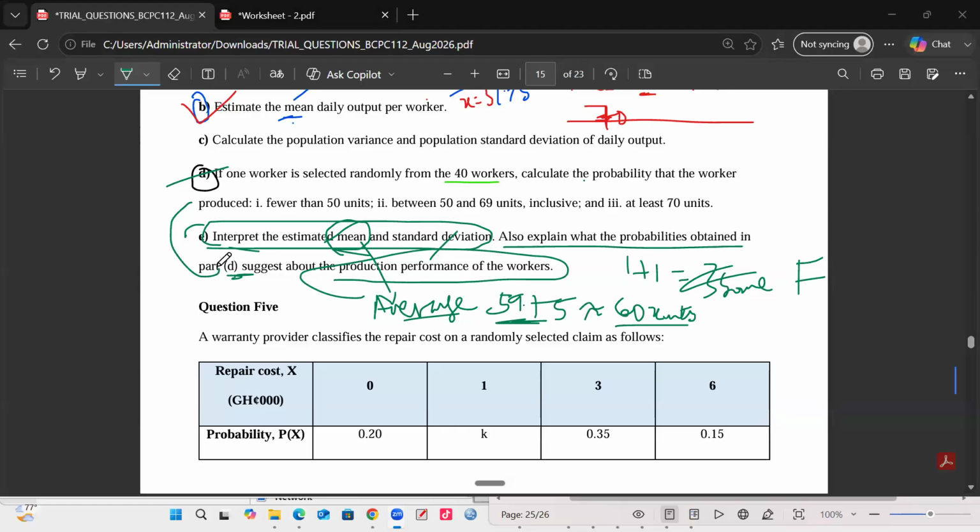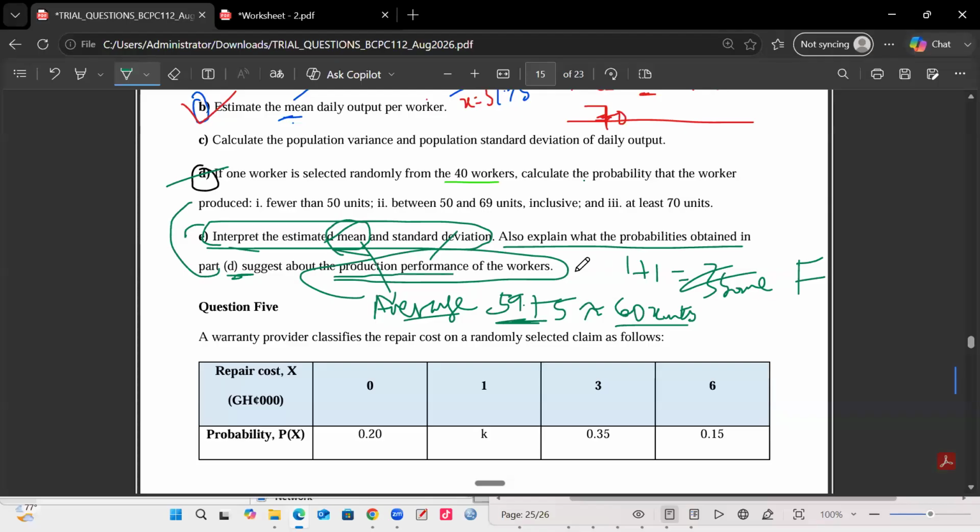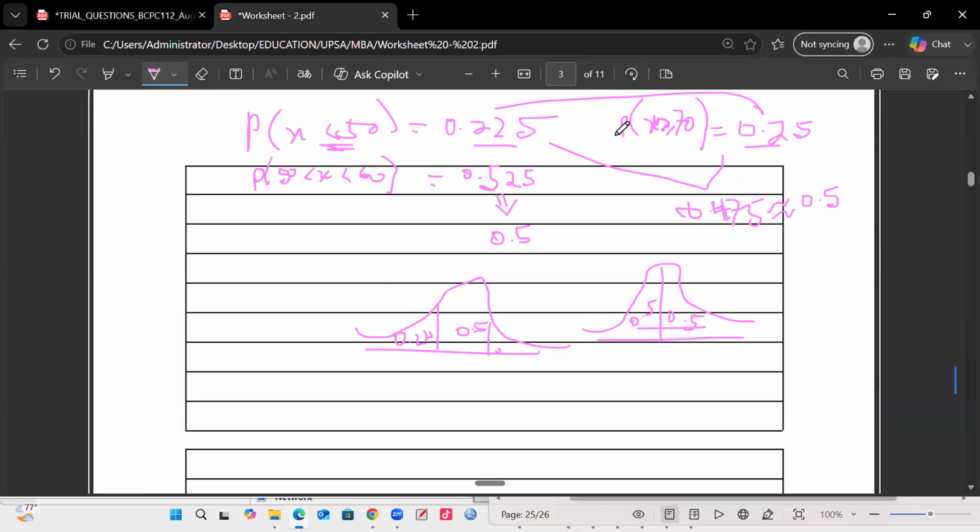The probabilities in D suggest an approximate normal distribution of the production performance of the workers. Because all the three probabilities show us what? A normal distribution. Symmetry, line of symmetry. Two of them give us 0.5. One gives us 0.5.